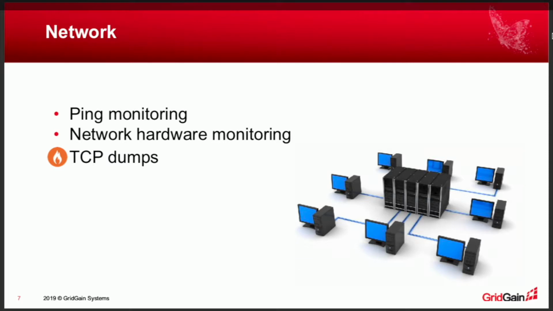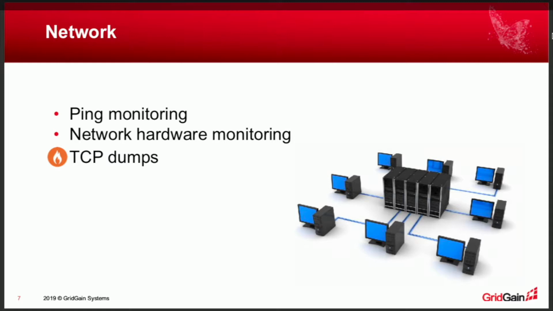Well, network is also a basis of your system, and if it doesn't work, then you won't have any distributed system. So you can perform different kinds of monitoring here. You can, for example, set up a set of agents that will look after each other and tell you when some connection between nodes is not working fine. So it can send ping requests between the agents and see if they are processed fine.